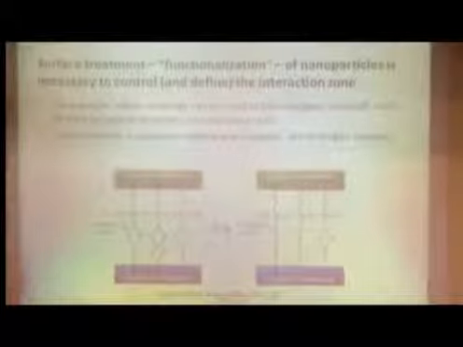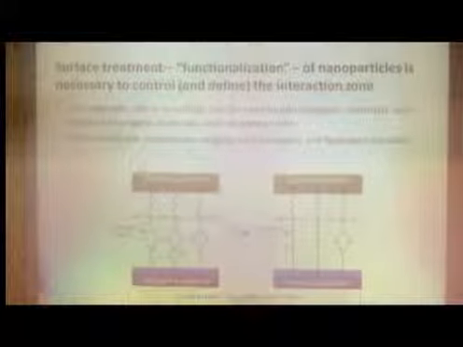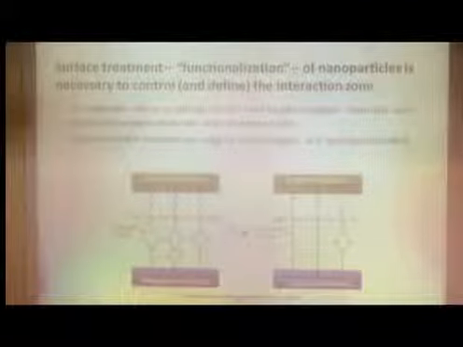So you can see it's important to have some sort of way of functionalising or surface treating these materials to control and indeed to define the interaction zone. And you could use silane. Clive Reed, for example, with Keith Nelson, has been trying out lots of other more interesting exotic materials as well.